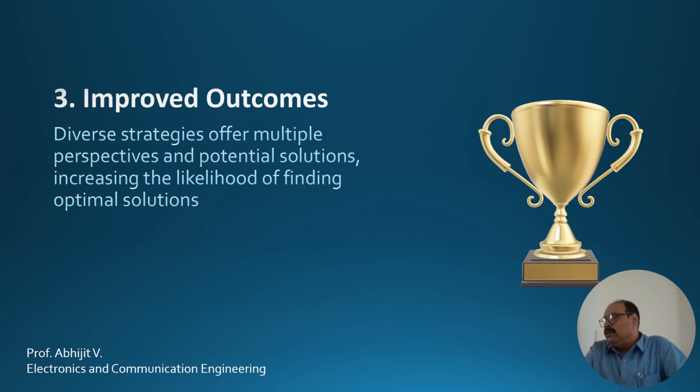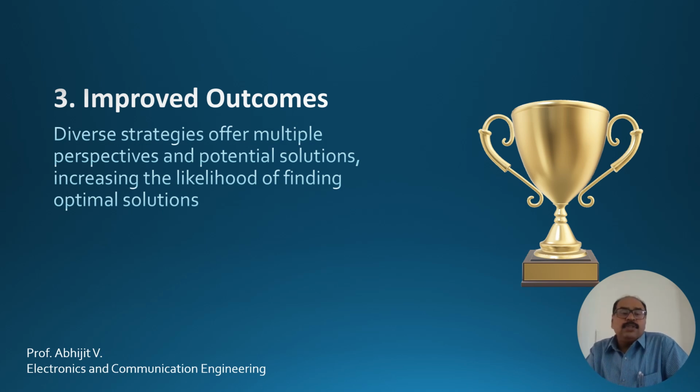The third important point that you have to keep in mind while understanding multiple problem solving strategies is how far the strategy is going to give a better outcome than it was there previously. Improved outcomes.